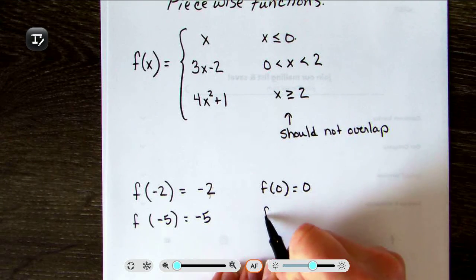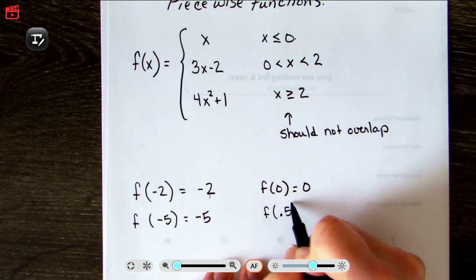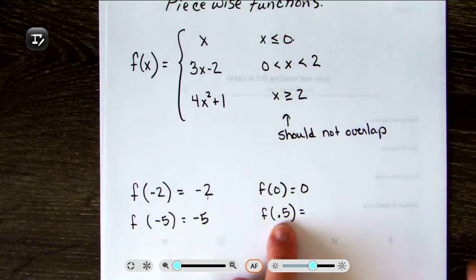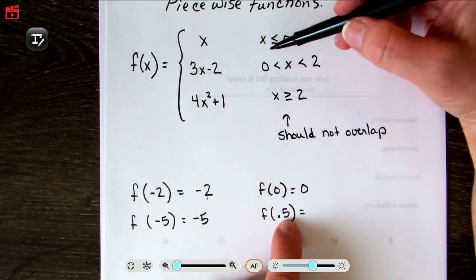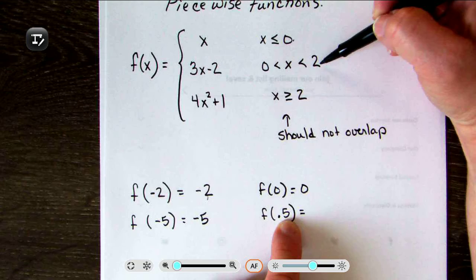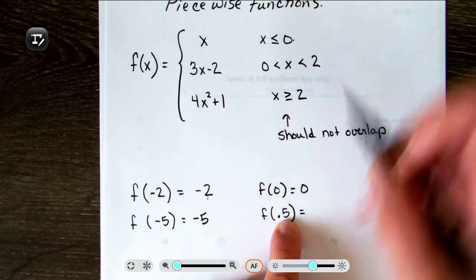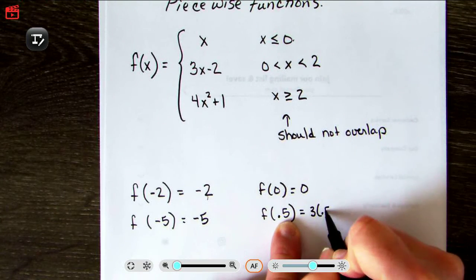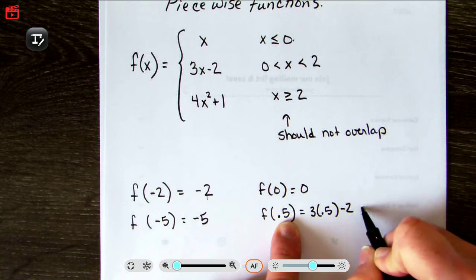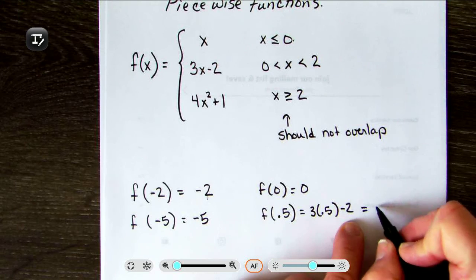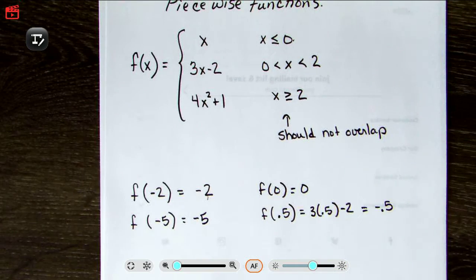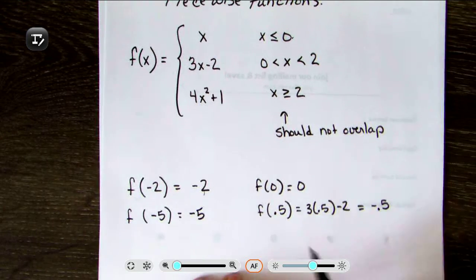If I wanted f of 0.5, because we could do fractions, there's nothing saying we can't, f of 0.5 falls somewhere between 0 and 2. So I'm going to have 3 times my 0.5 minus 2. 3 times 0.5 is 1.5, so subtracting 2 is negative 0.5. Or I could have worked with fractions, whichever is easier.